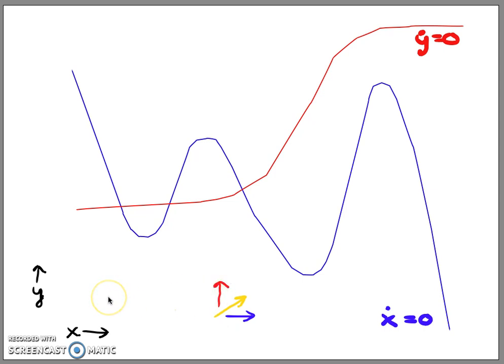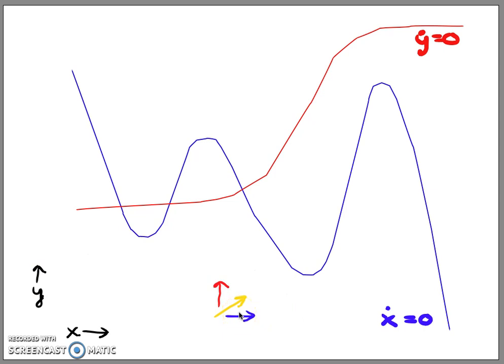Now these arrows are not meant to represent the actual direction that a solution, that a trajectory, would go. They're just indicating qualitatively whether X or Y are increasing or decreasing. And in this region of the phase plane, we're told that both X and Y are increasing.